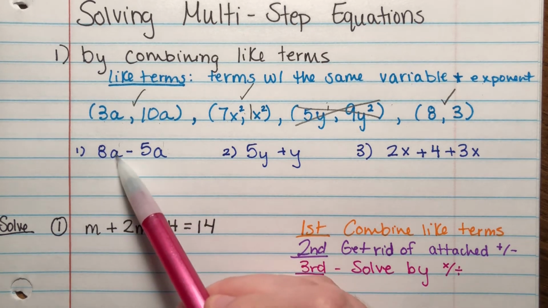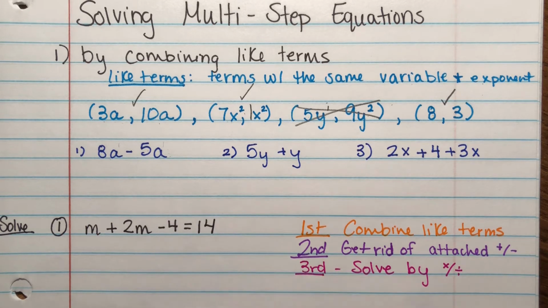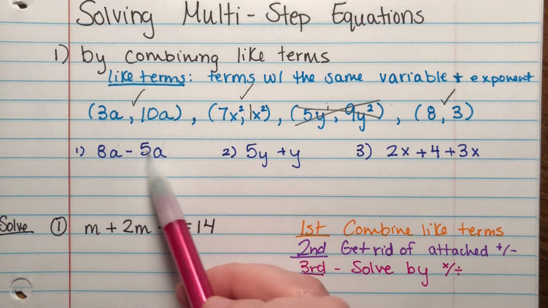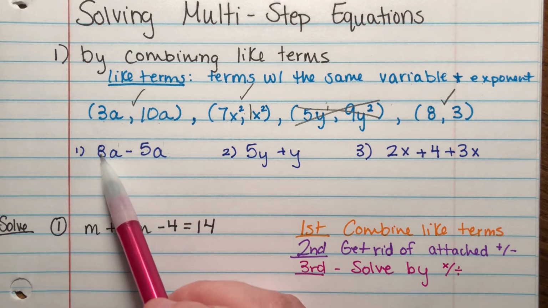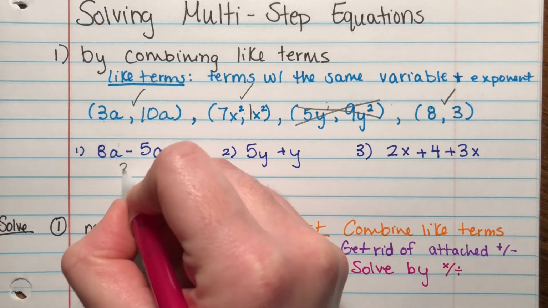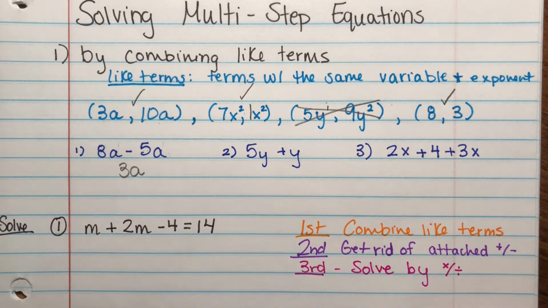Alright, so 8a minus 5a. How would I combine those? Well, I just leave the variables the same and I combine the coefficients, right? So 8a minus 5a is going to give me 3a because 8 minus 5 is 3 and my a stays the same. Okay?